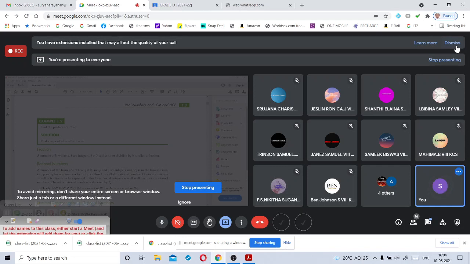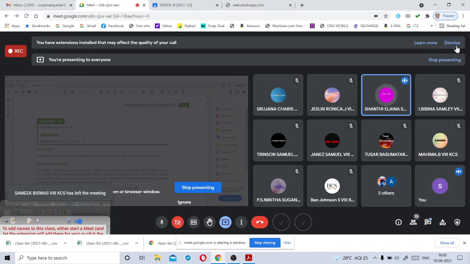Shanti, my dear Shanti, can you tell me about improper fraction? Yes, tell me. The denominator is bigger than the numerator.